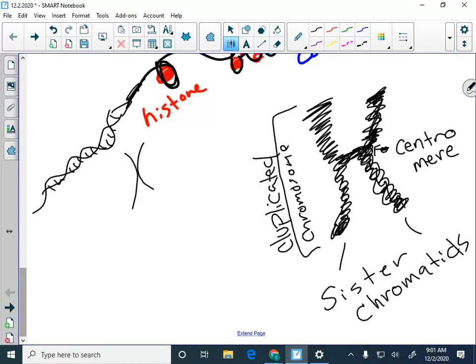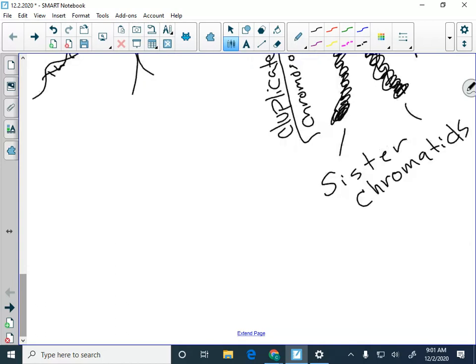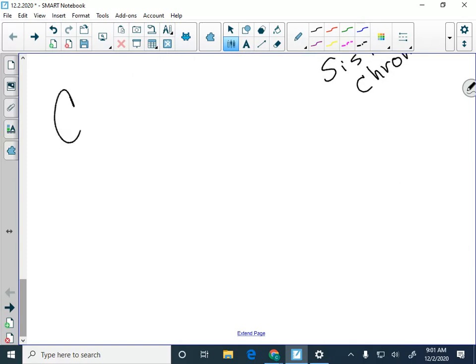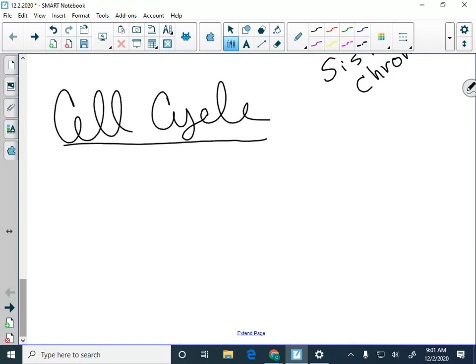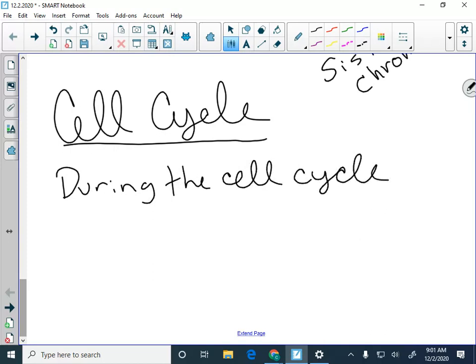Now we get into the cell cycle. During the cell cycle, a cell will grow, it will prepare for division, it will divide into two daughter cells, and each of those daughter cells will move into its own cycle.